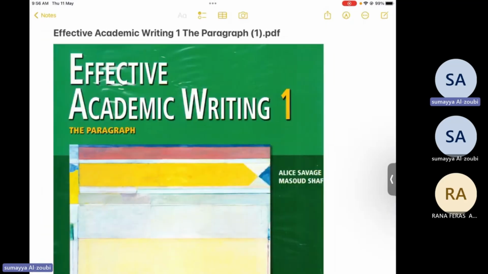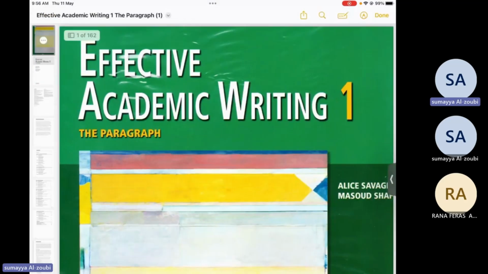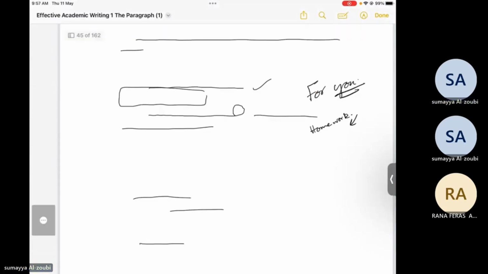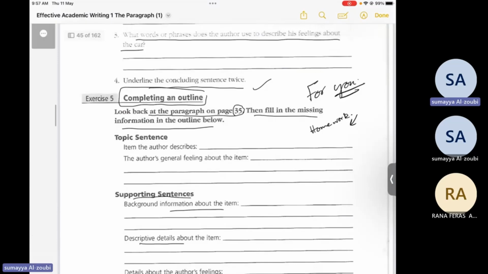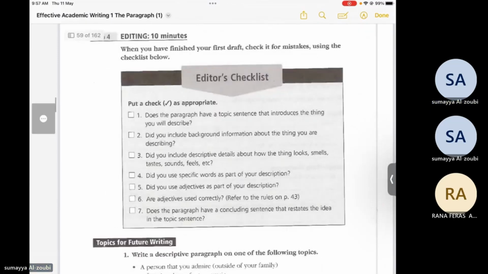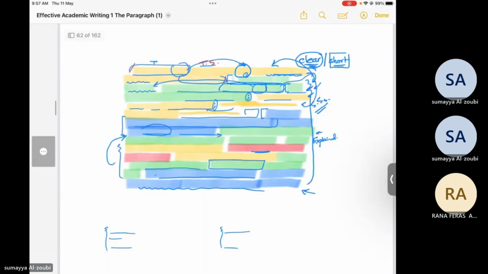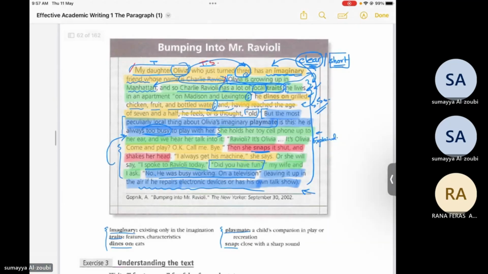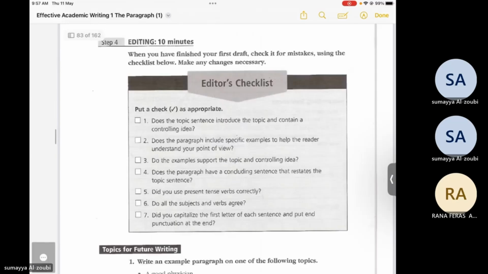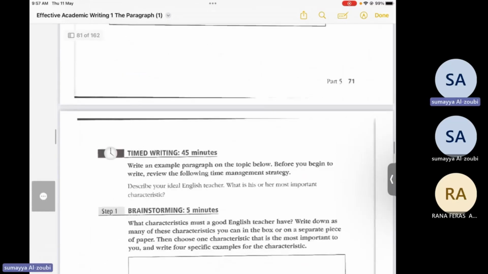So let's return back to page 61, please. We'd like to go to page 61 of your textbook. Here it is.